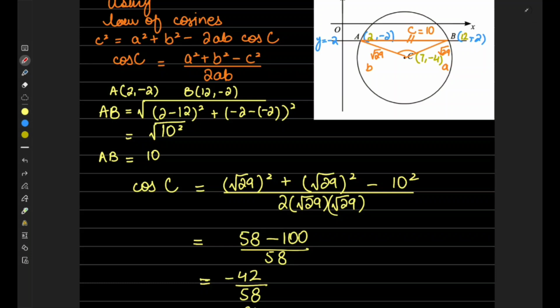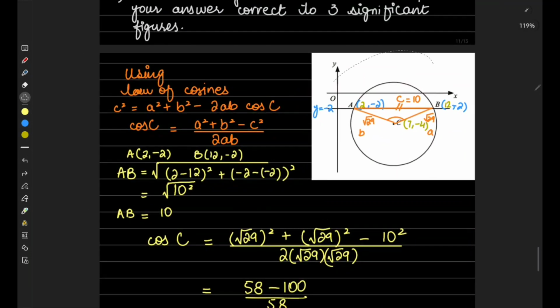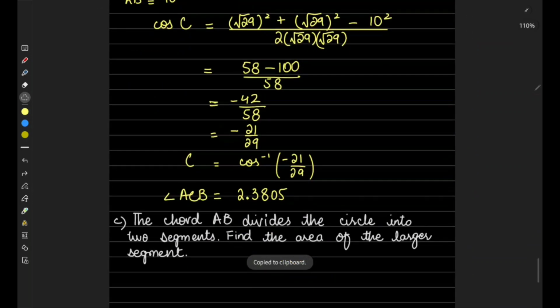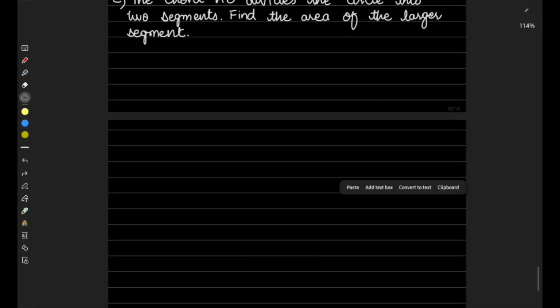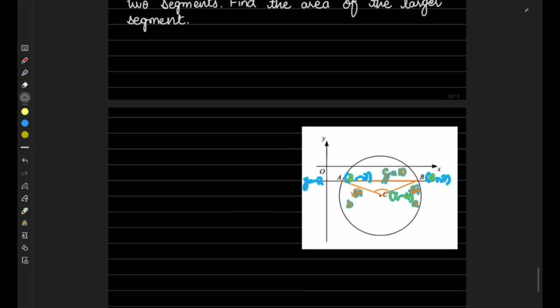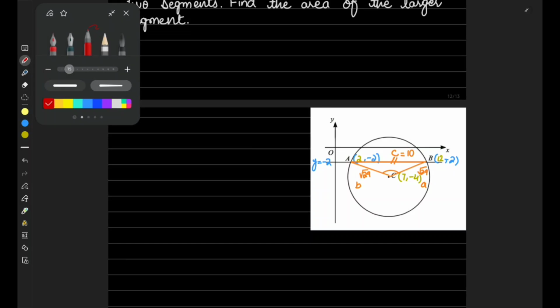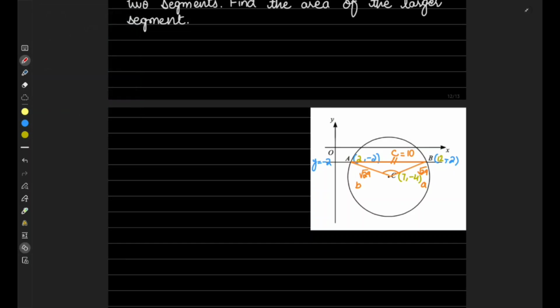So for this reason, I'm just taking this diagram again. The area of the larger segment is what we need. So this is your AB part, and we need the area of this larger segment.